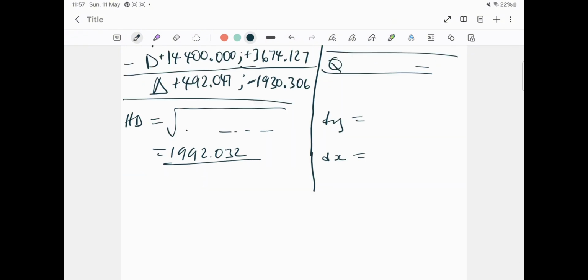So that's your HD, and then you're gonna use it for your checks the same way that I showed at the top. So it's sine, HD, cos.